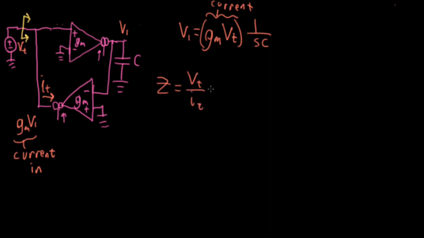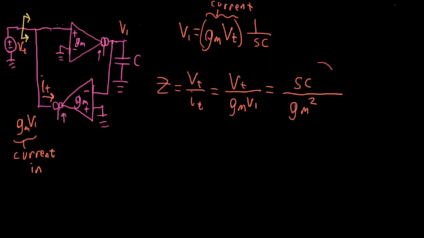And what we wind up with, let's see, so we have VT over IT, which is GM V1. And when I plug in V1 in the denominator here, the VTs are going to cancel. And the SC will go on top. So I'll have SC all over GM squared.